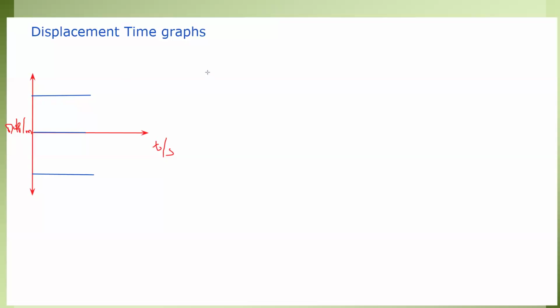It might be a positive displacement, negative displacement, or zero displacement, but it's a horizontal line. What can I say about the motion of this object? Good. Stationary. That's right, Meerup and Hafsa, it is at rest, the object is not moving.